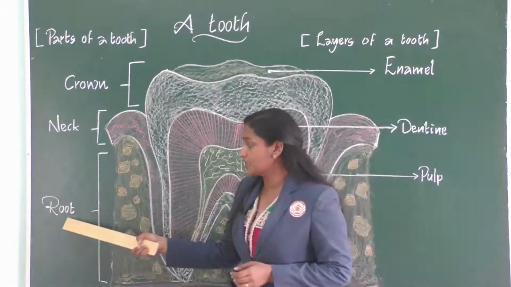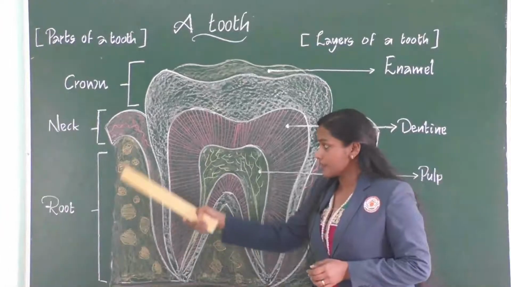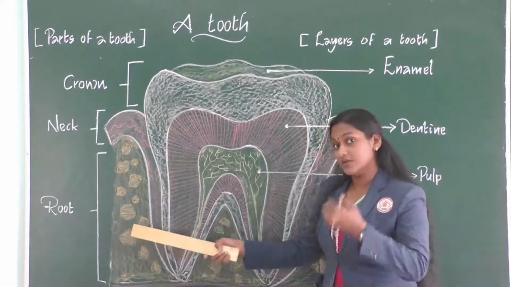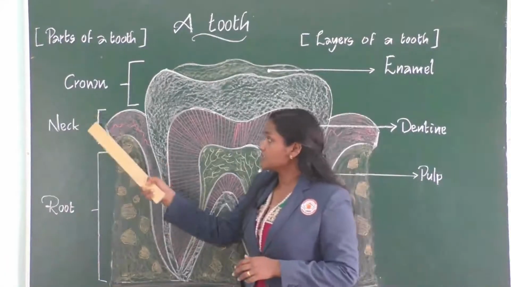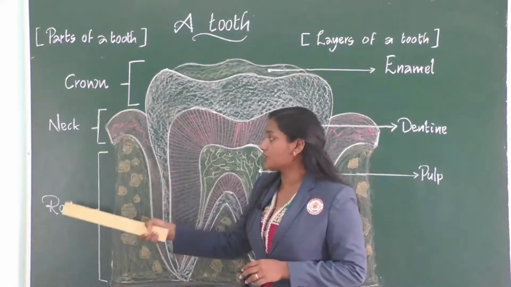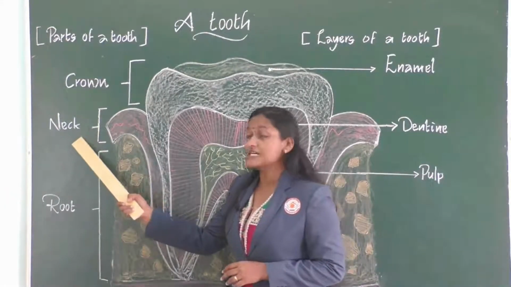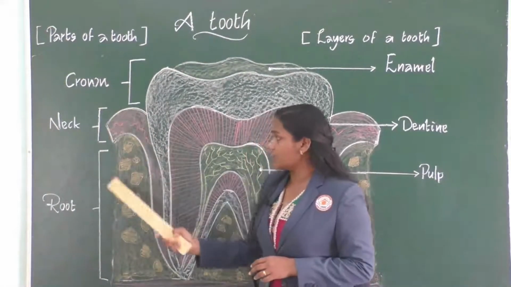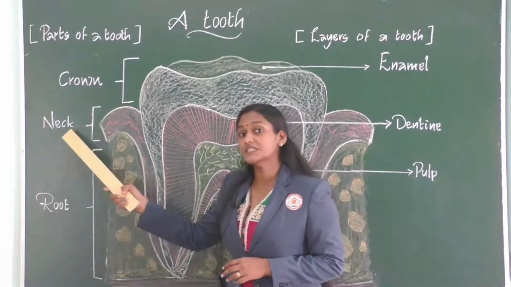Then the root is inside the gum. This is the region where the crown and root meet. That part is called the neck.